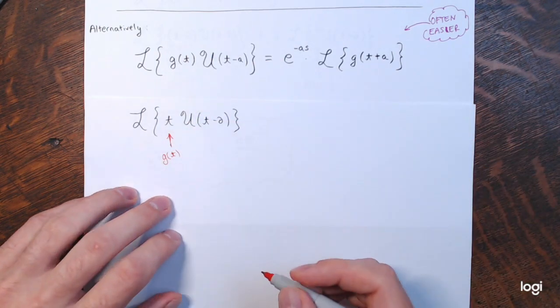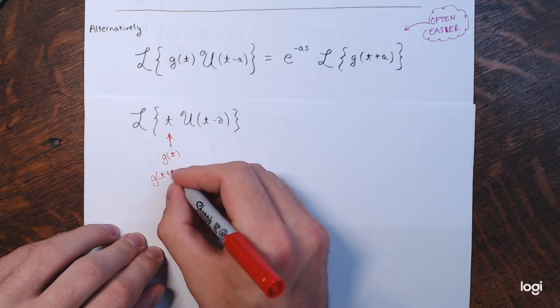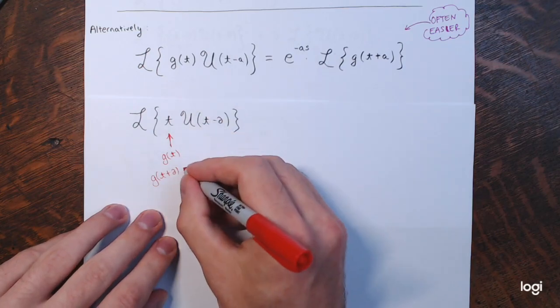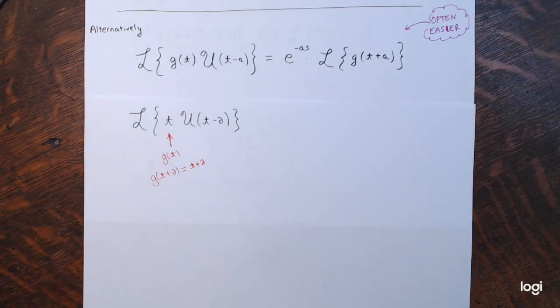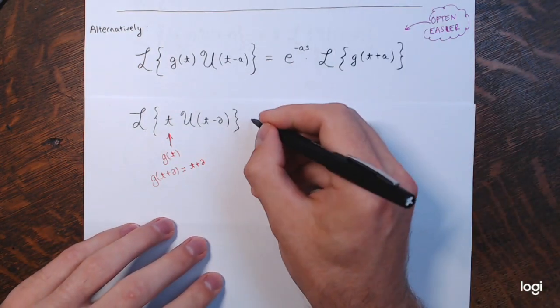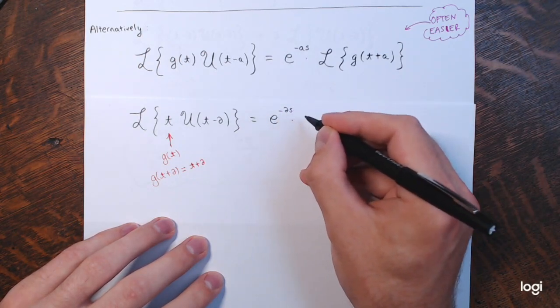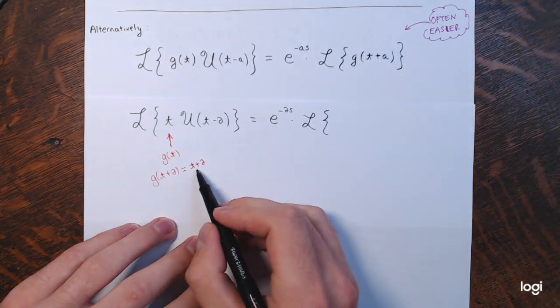All right. So then g of t plus 2, because a is 2 here, I want g of t plus a. That would just be simply t plus 2. And then according to this rule, using a equals 2, this would be equal to e to the negative 2s times the Laplace transform of g of t plus 2, so just t plus 2.